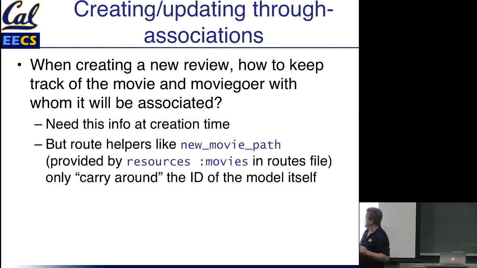Remember, that's the one line we can put in the routes file saying, please give me all of the standard RESTful actions on this object. But now life is a little more complicated because we would like movies to also be associated with other things. It turns out you can automatically generate routes and route helpers that mirror that relationship.